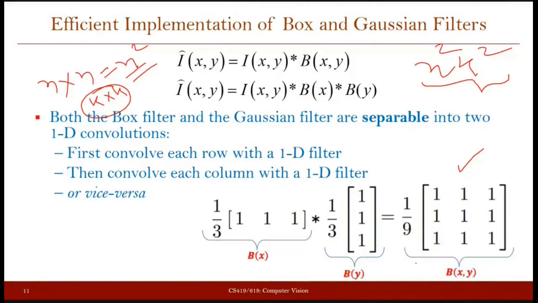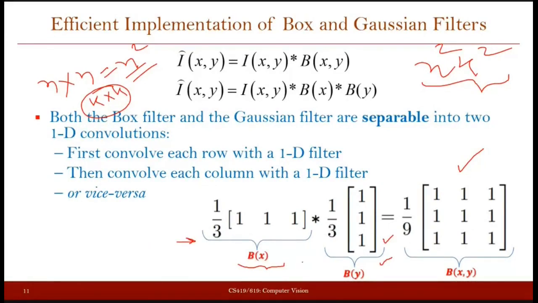So for example, let us say the box filter is bxy. This bxy can be written as bx, which is the filter defined with respect to variable x, and by, which is defined with respect to variable y, or you can say that this is defined in the horizontal direction and this is defined in the vertical direction.